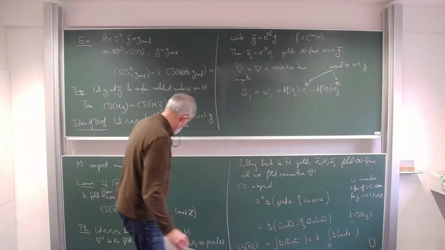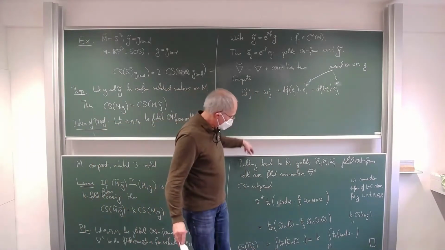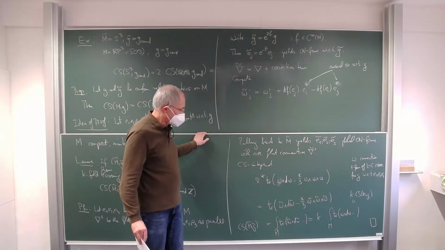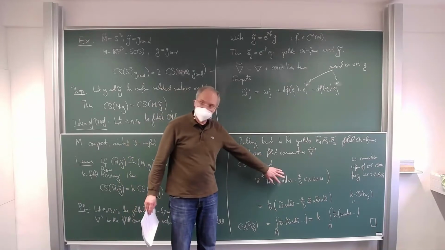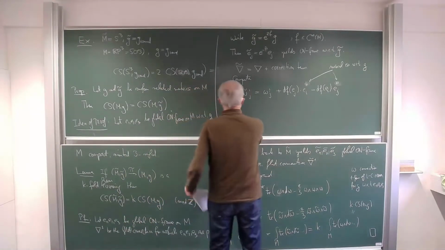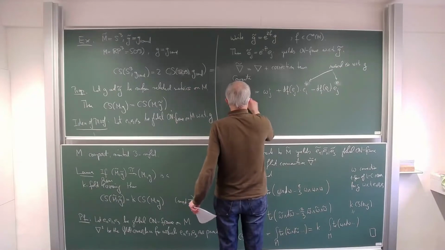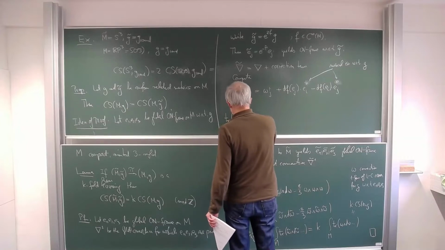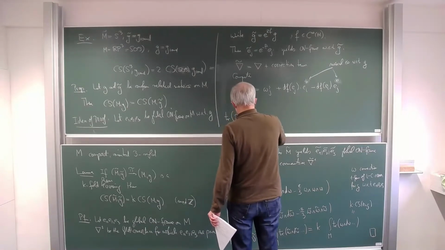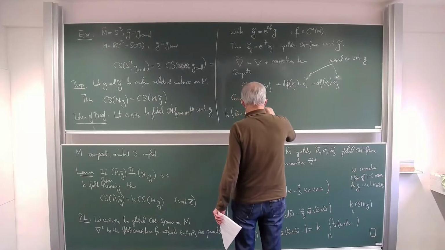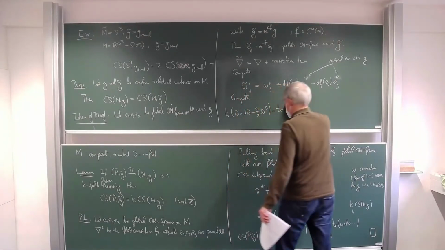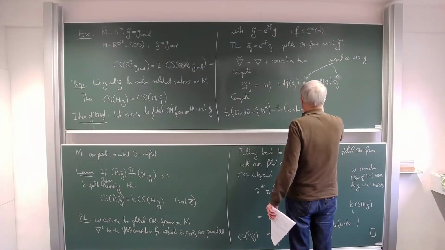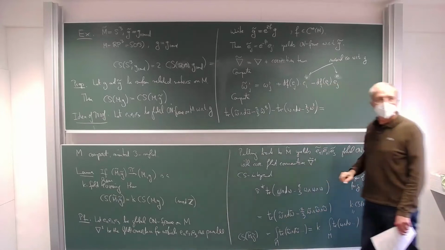What you then do is take this formula and insert it in this integrand and compare with that integrand and see what the difference is. So you take the corresponding expression for the tilted forms and compare this with the untilted ones. Then you get something which I don't want to write down.